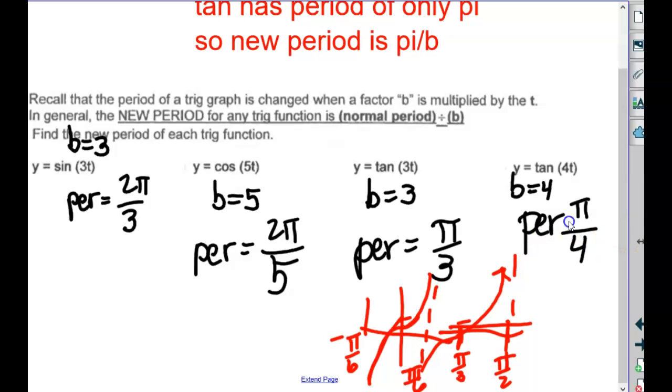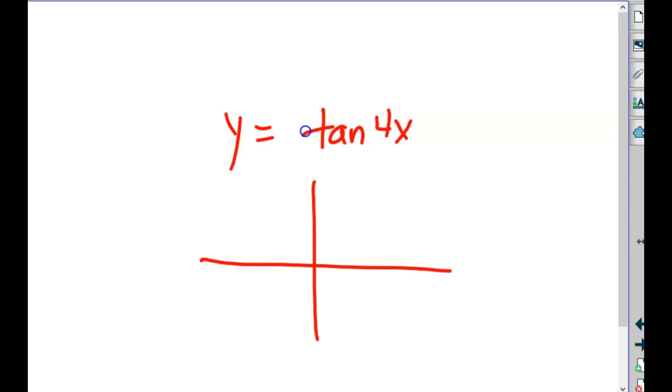Do you want me to try to do this one, pi over 4? If I were graphing tangent of 4x, the period would be pi over 4, so it would do this and this by pi over 4. So where would the undefined place be, guys? What's half of pi over 4?